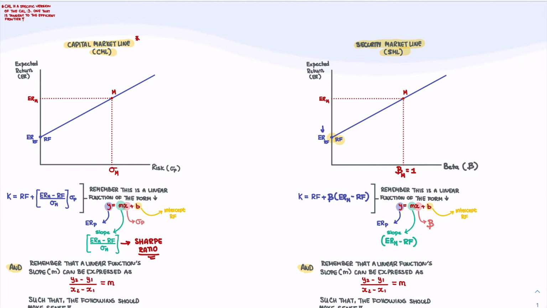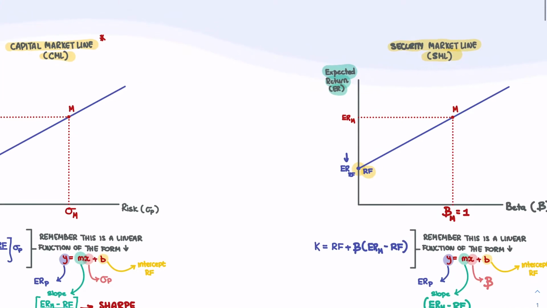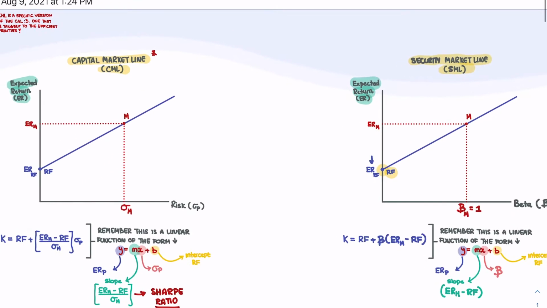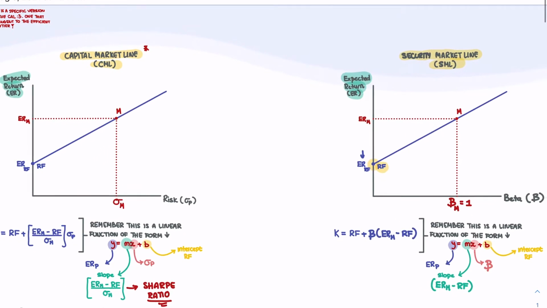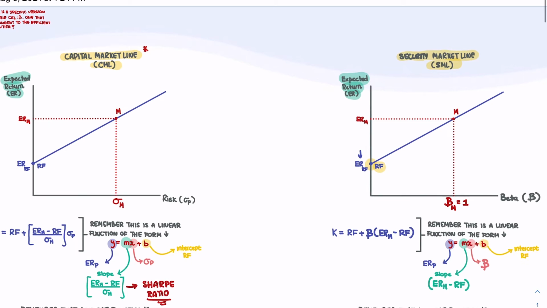Now, if you can see on the graph, on the screen, you can see that we have different y-axis and different x-axis. But you quickly realize that the SML and the CML have the same y-axis. They both are looking at expected returns. But the CML is looking at expected returns vis-a-vis risk, whereas the SML is looking at expected returns vis-a-vis beta.